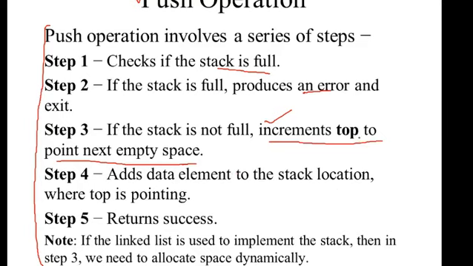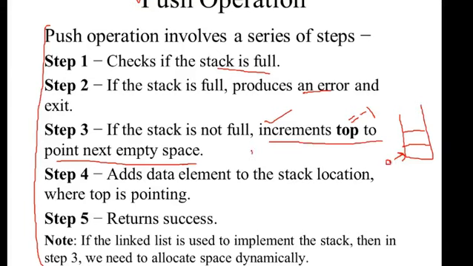Let's say I'm inserting an element in an empty stack. Initially the top will point to the -1 index value, and whenever you are going to insert in this empty stack, the value should be inserted at index value 0.